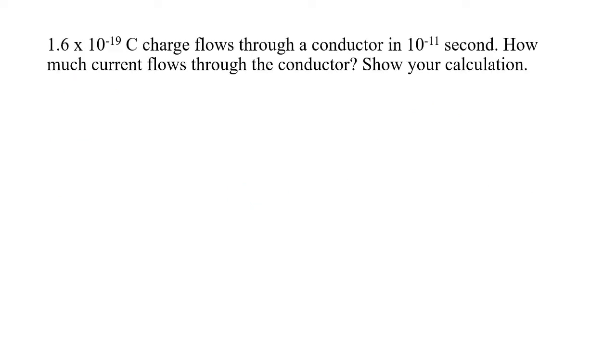1.6 into 10 raised to minus 19 coulomb of charge flows through a conductor in 10 raised to minus 11 second. How much current flows? The first formula we came across was I is equal to Q upon T. The charge flowing is 1.6 into 10 raised to minus 19 coulomb, and the time taken is 10 raised to minus 11.